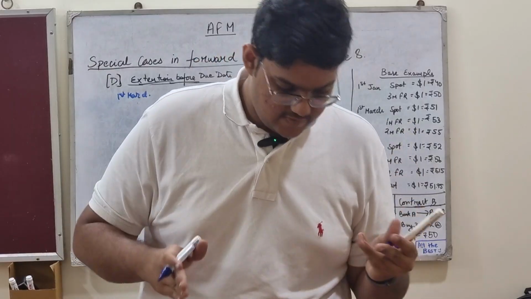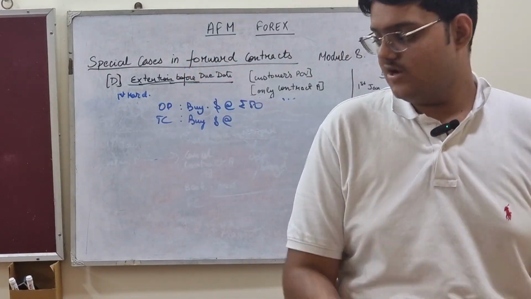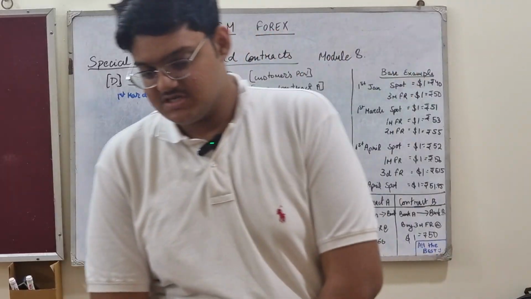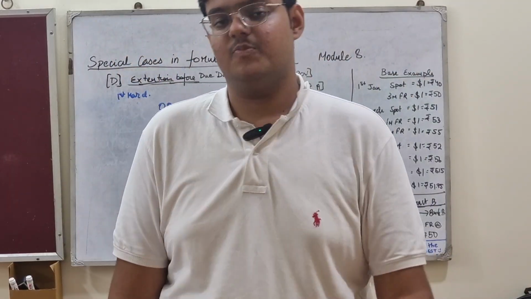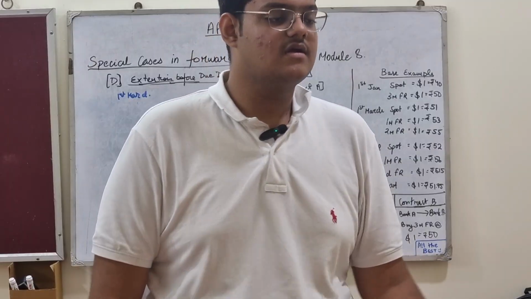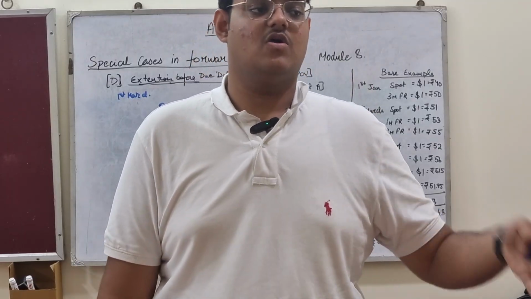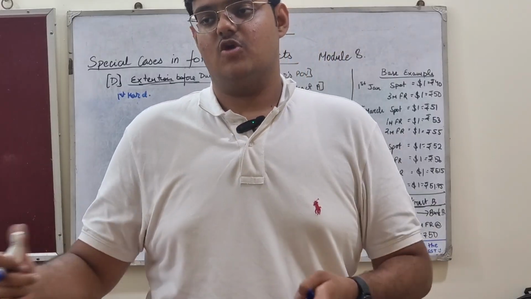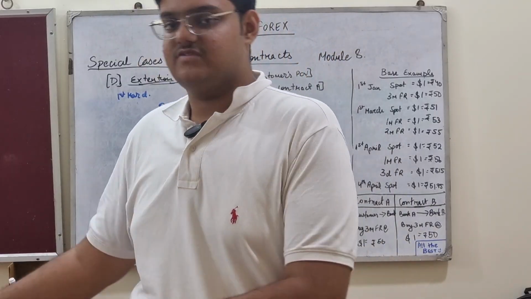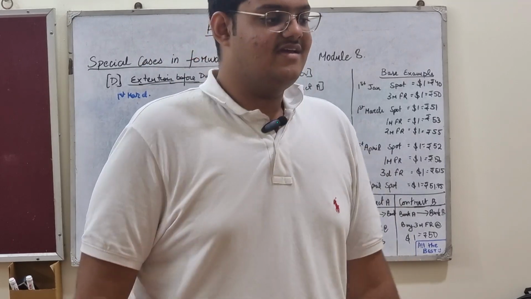This is 1st March, I want to cancel the contract today. This is 1st April, the date of execution. Now on 1st March, if I want to cancel something, I need to take an opposite stand, but the opposite stand cannot be right now because the due date is later. So I need to take a forward contract which would actually expire on the due date, of the opposite stand of the original contract which was entered on 1st Jan. I hope you are following what I'm saying.